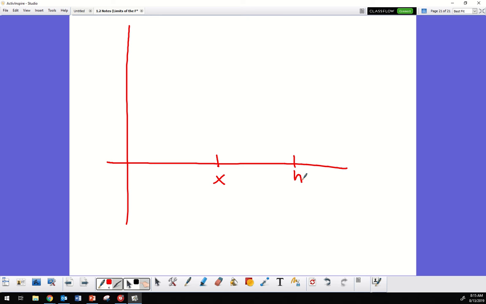I don't know where it is, but it's somewhere. On a line, this point right here would be called f of x, right? This would be f of x.